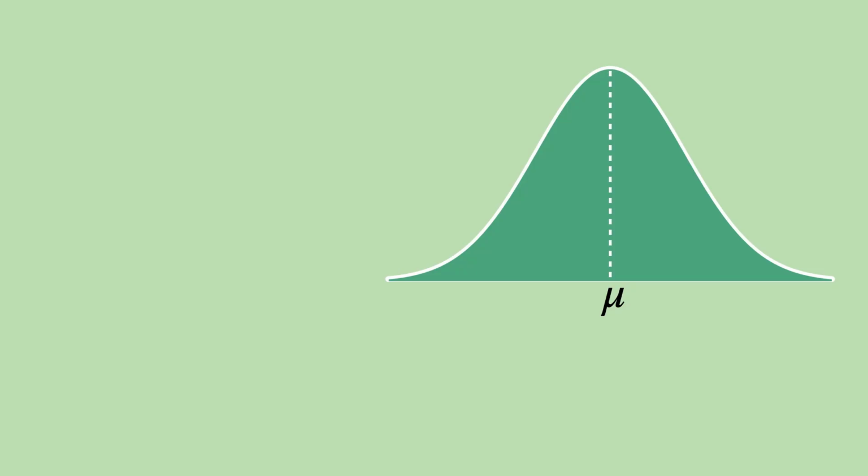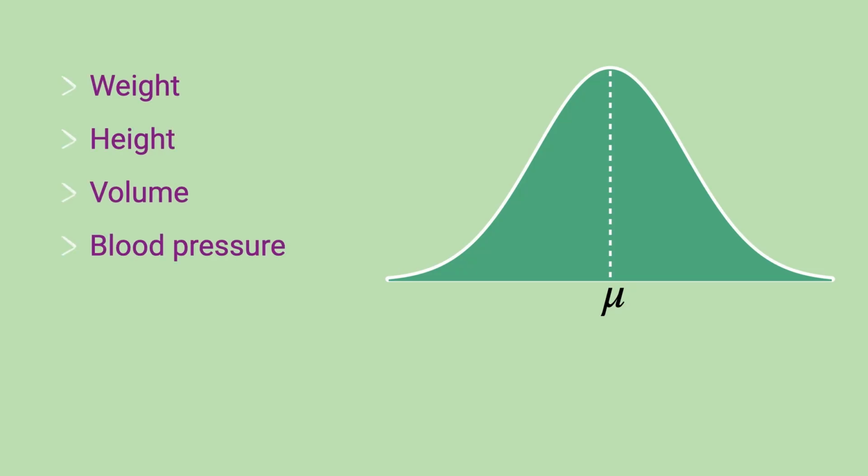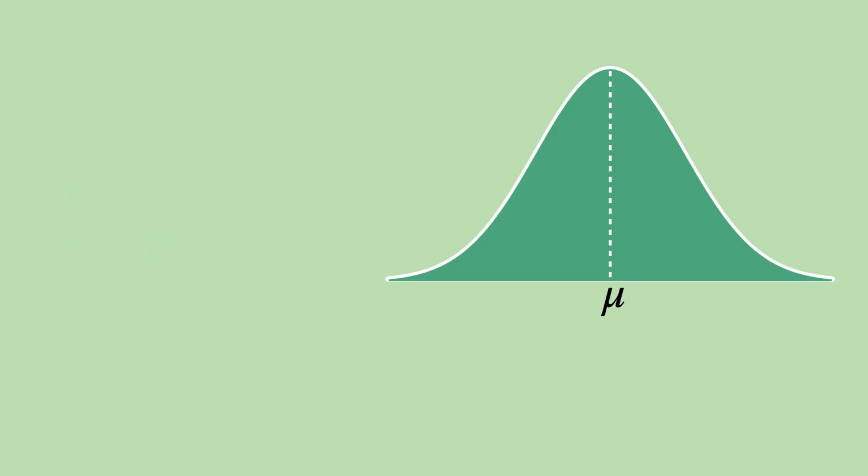The normal distribution occurs for many variables in nature, such as weight, height, volume, blood pressure, and many more. This distribution is called normal distribution, and the density equation of this distribution was established by Carl Friedrich Gauss.